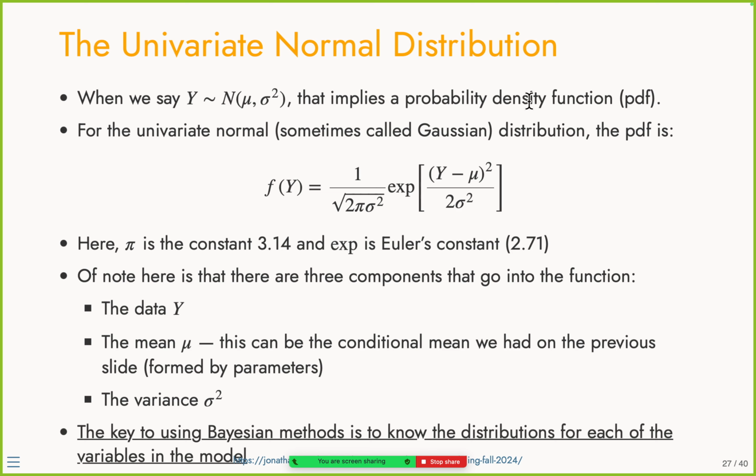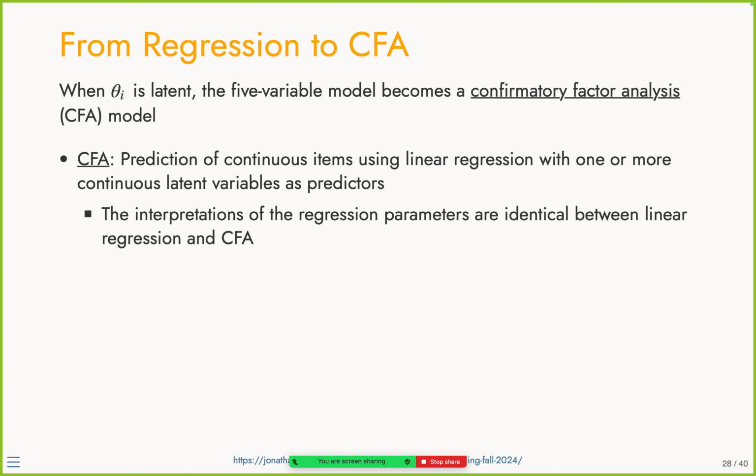So here, if we're going to build a CFA model, and we just did the math showing that y should be conditionally normal, then we would specify for y a normal distribution where the mean was set by the parameters of the model and the variance was being estimated. That's part of what happens.